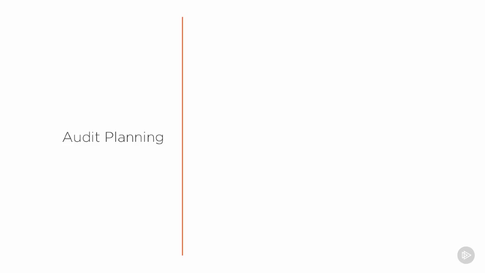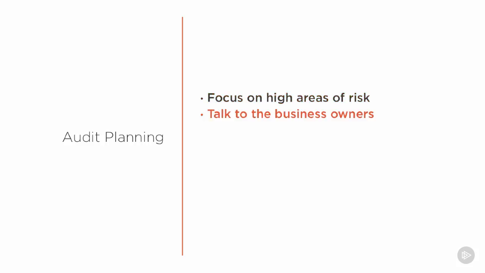When we set out audits, we have in most organizations a myriad of different areas that need to be audited. In most cases, we're not able to conduct enough audits to really address the entire audit universe. So therefore, we set out an audit plan. In audit planning, we will focus on the higher areas of risk.